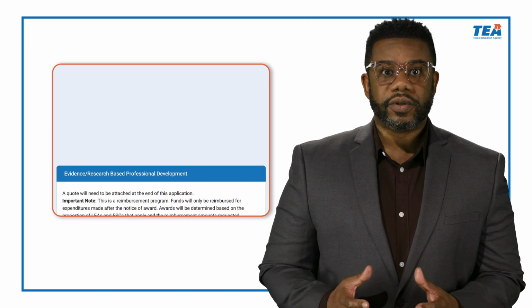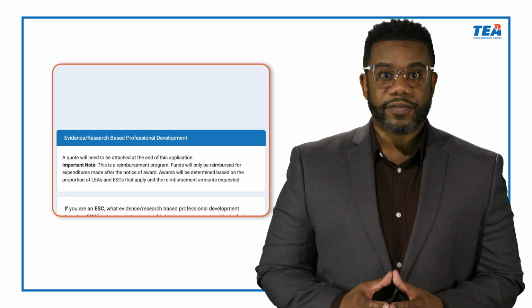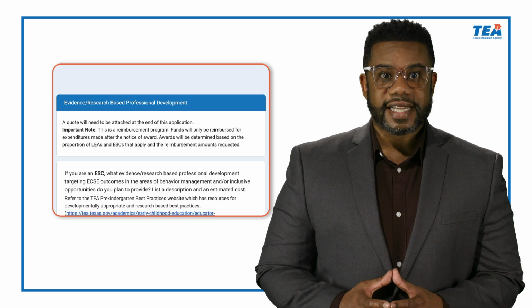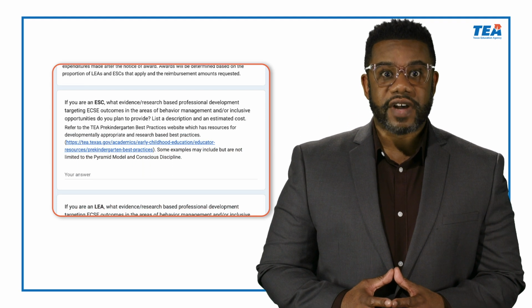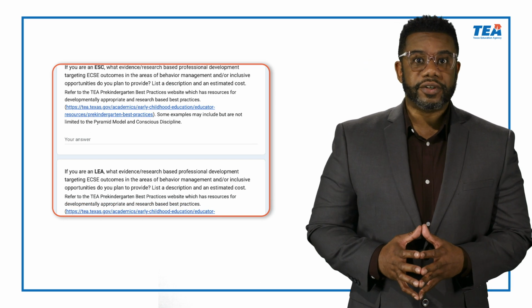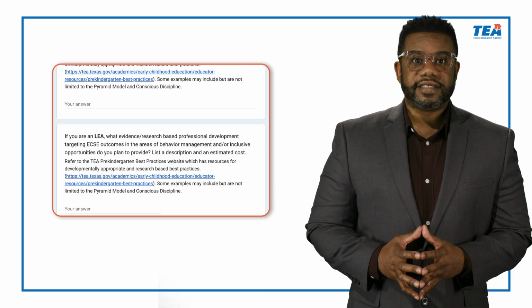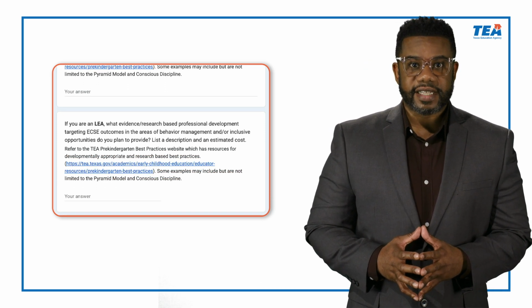For ESCs, the application is focused solely on requesting funds to provide professional development targeting ECSE outcomes in behavior management and inclusive opportunities. Based on your selection, you will be guided to the relevant sections of the application.